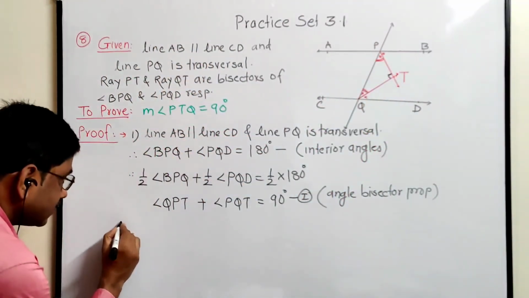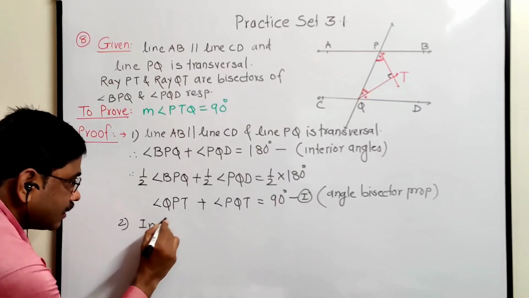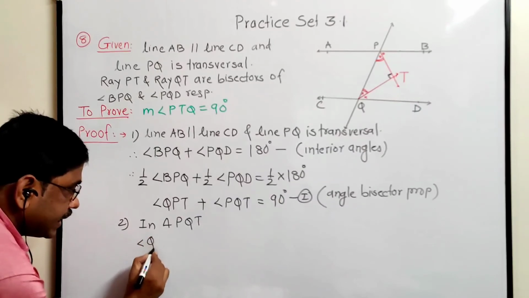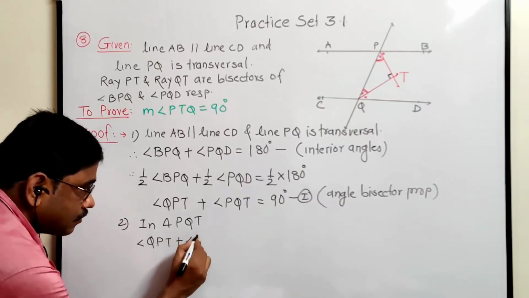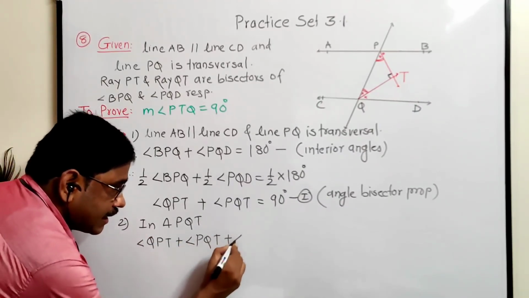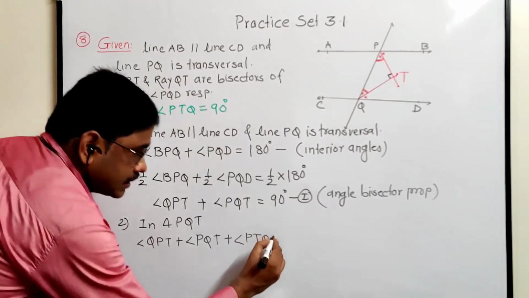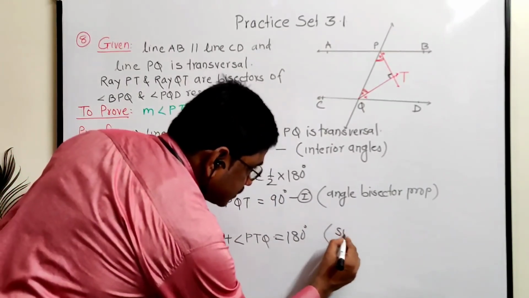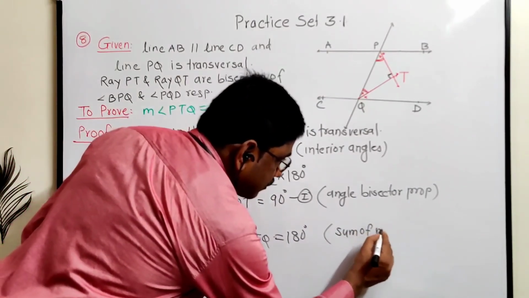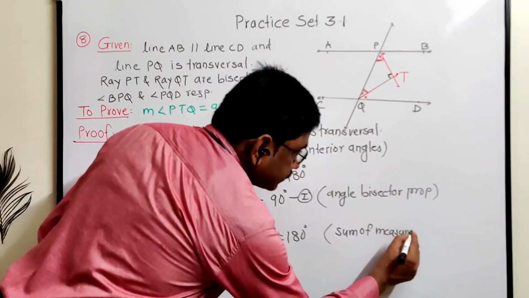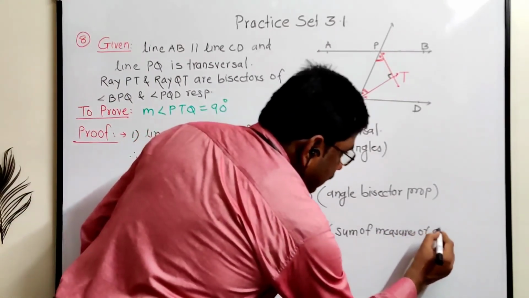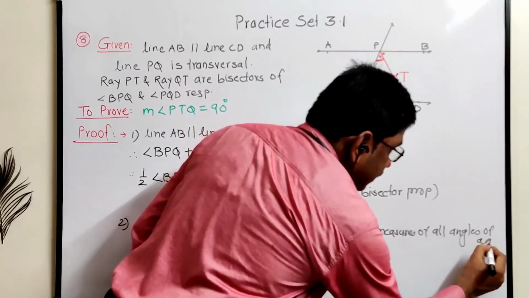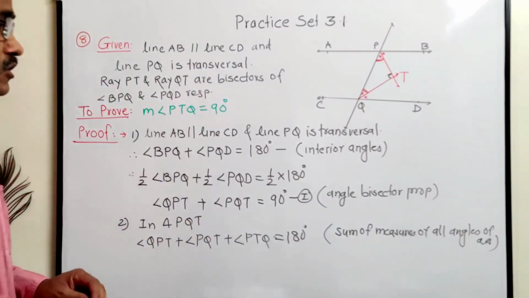So in triangle PQT, angle QPT plus angle PQT plus angle PTQ is 180 degrees. Reason: sum of measures of all angles of a triangle.